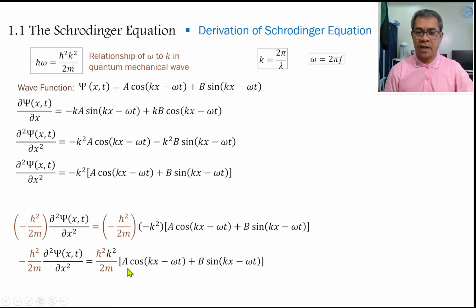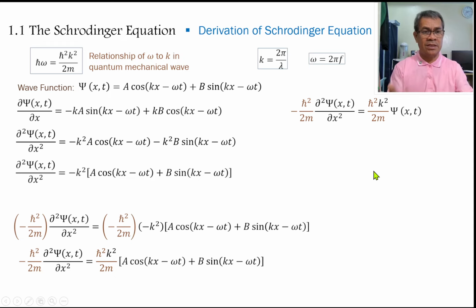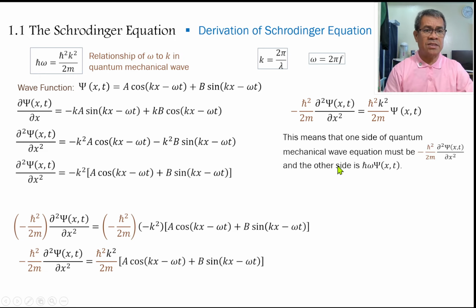Okay? So again, this is psi. This is our wave function. So replace that with psi. What does this result mean to us? This result suggests that one side of the quantum mechanical wave equation should have this one. This is the recommendation. Okay?